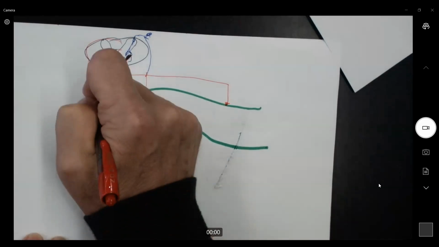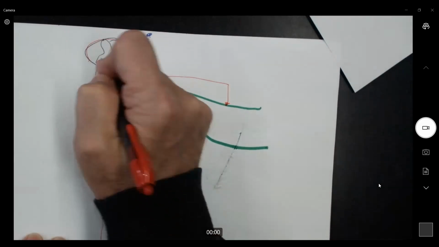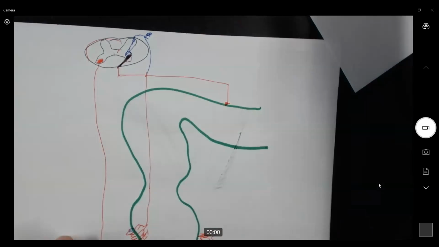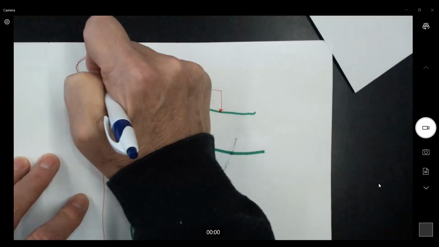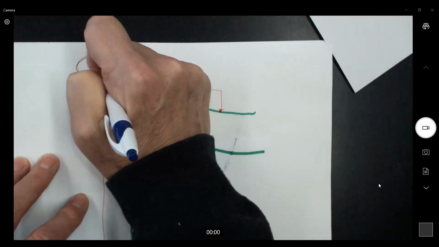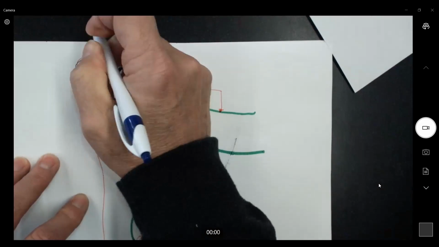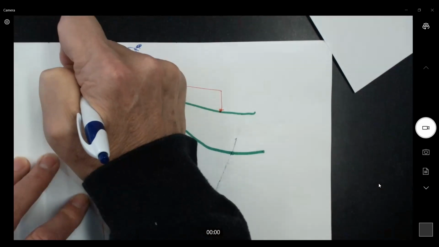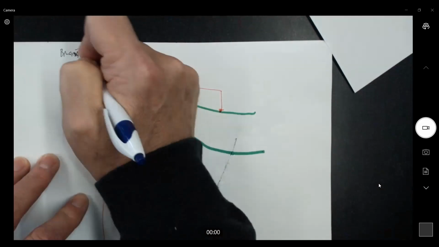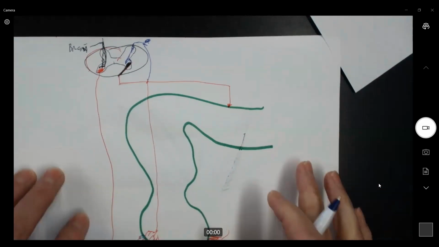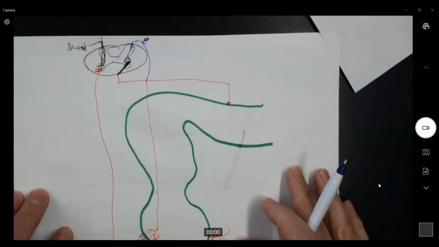And these also are going to connect. And you'll also have connections from higher order neurons up in the brain. I know the handwriting looks ugly.